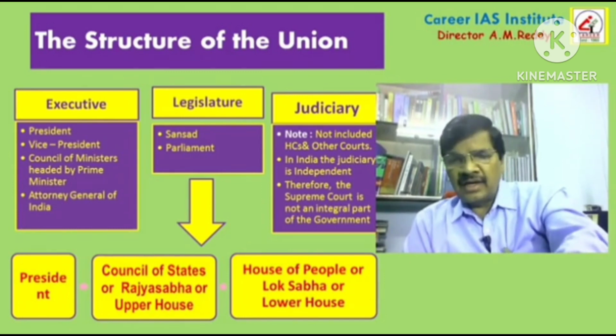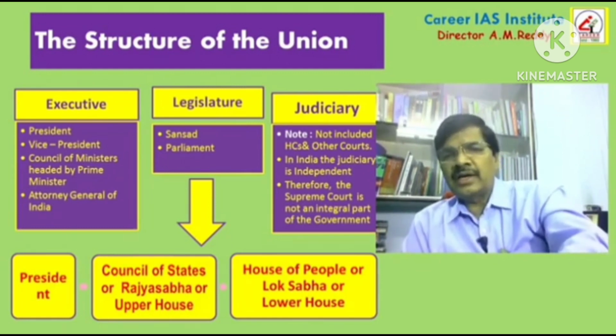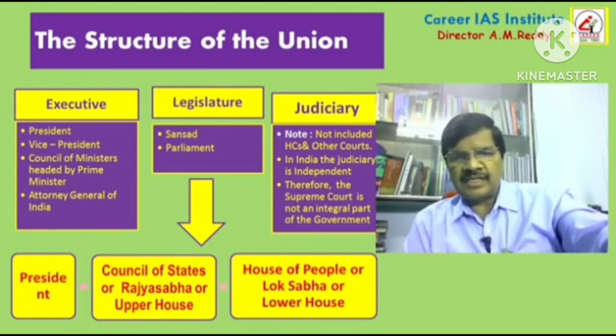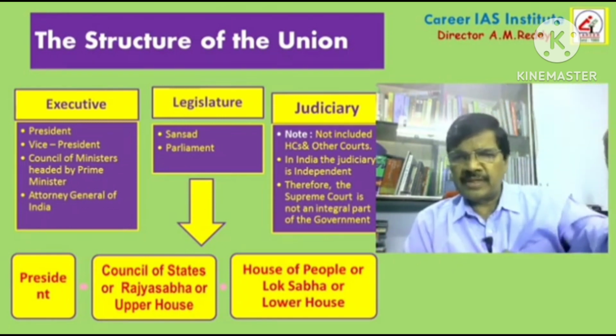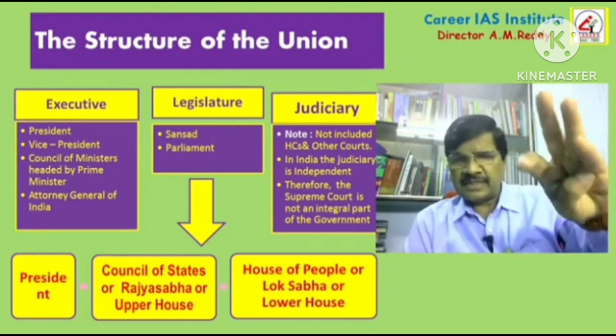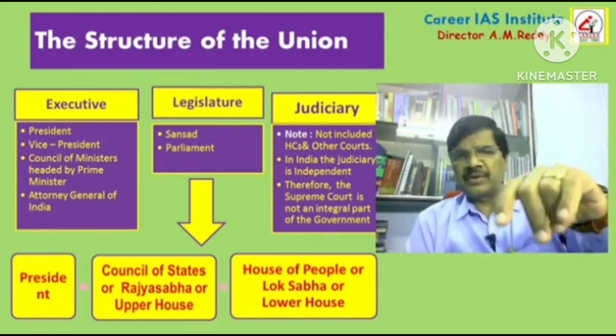Then the third organ, part of the Parliament, is House of People, or the Lok Sabha, or the lower house. So, Executive comprises 4: President, Vice President, Union Council of Ministers headed by the Prime Minister, and the Attorney General of India. Legislature, the Parliament, comprises President, the Council of States, and the House of People.